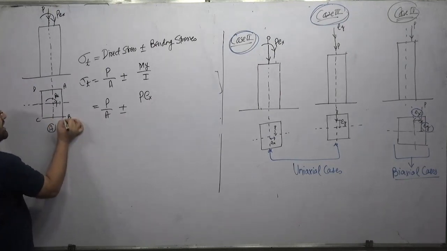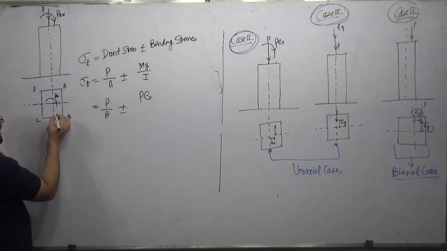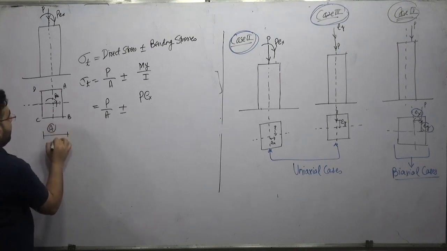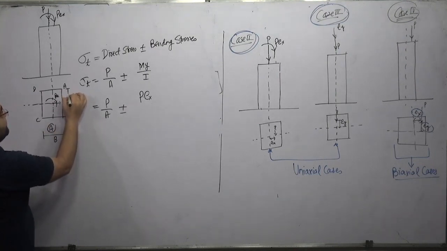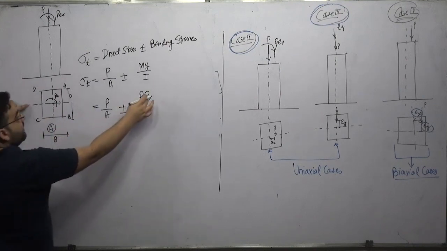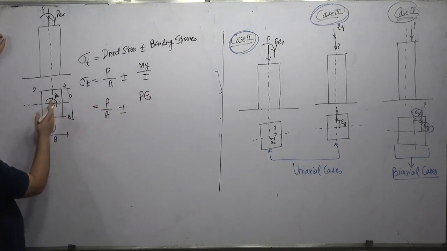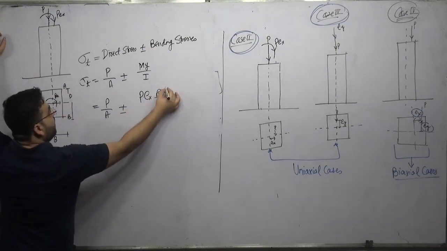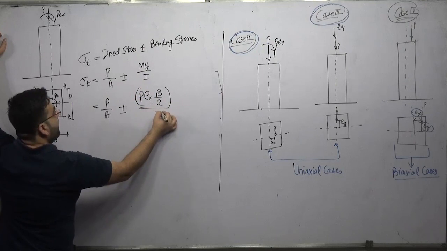Let me take this distance as B, and let me take this one as D also. So Y will be equal to B by 2, because we are measuring in this direction, into B by 2 divided by I.